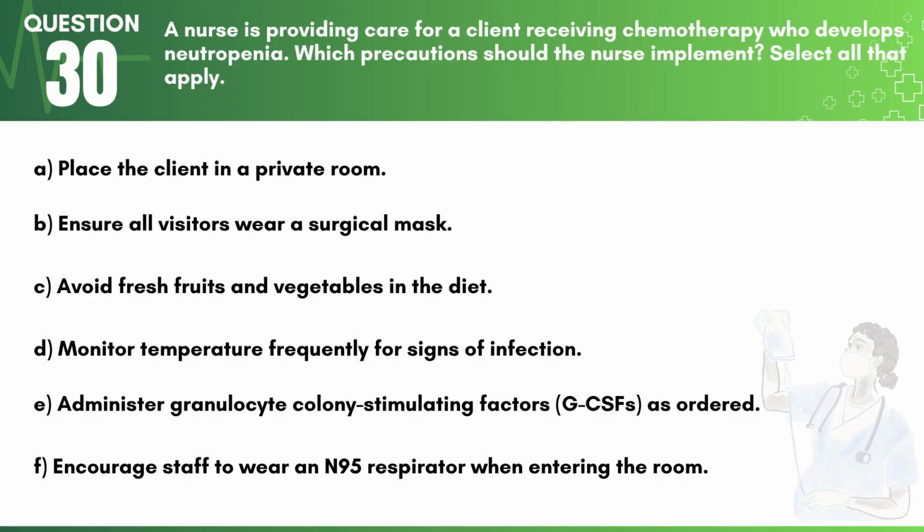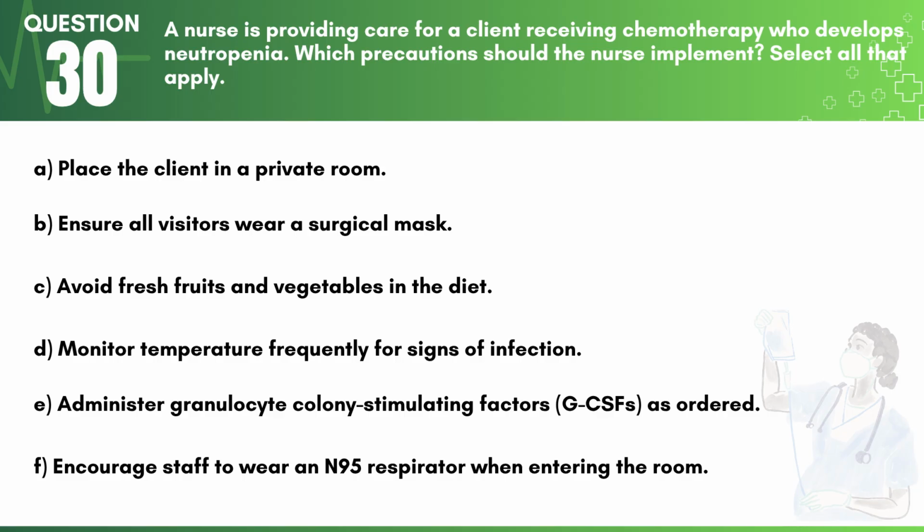Question 30. A nurse is providing care for a client receiving chemotherapy who develops neutropenia. Which precautions should the nurse implement? Select all that apply. A. Place the client in a private room. B. Ensure all visitors wear a surgical mask.